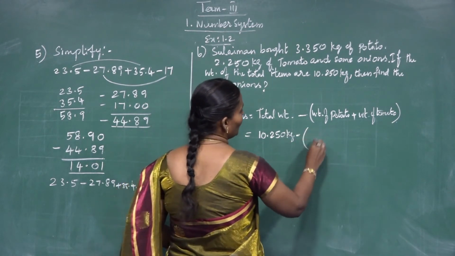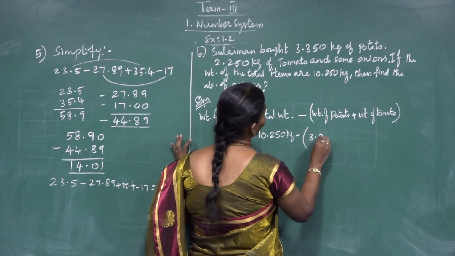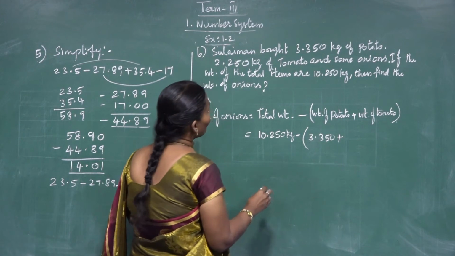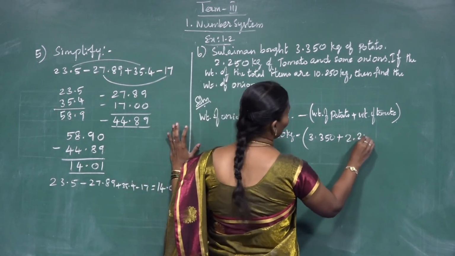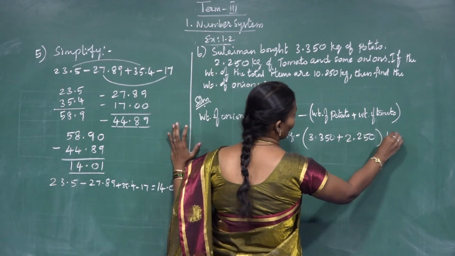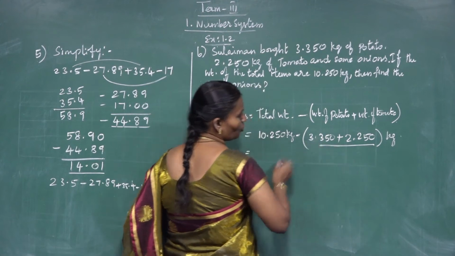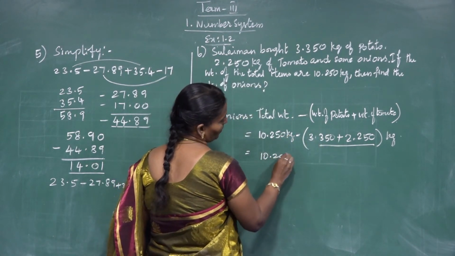The weight of potato is 3.350 plus the weight of tomato, 2.250 kilograms. So first you have to add these two. Write 10.250 as it is.